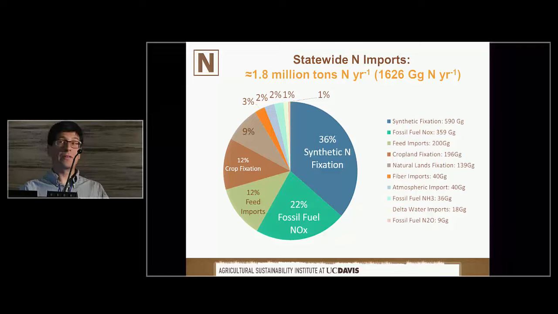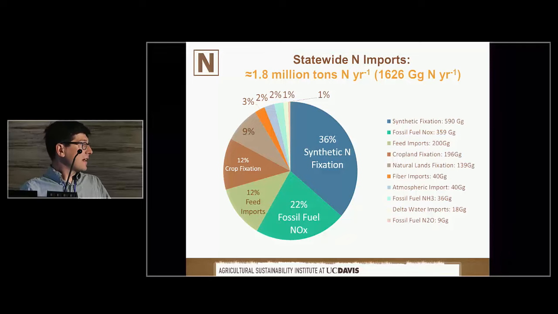Next is fossil fuel combustion. So this is the unintentional production of NOx associated with fossil fuel combustion, with electricity generation, with transportation, any fossil fuel combustion. 12% of the new nitrogen coming into the state is from feed imports for livestock. 12% is from the biological fixation of leguminous crops in the state.